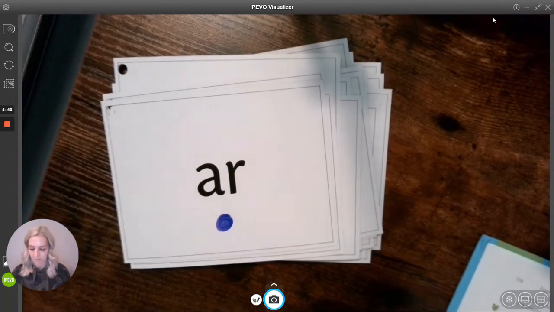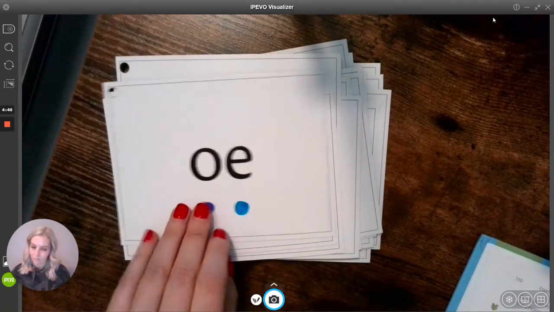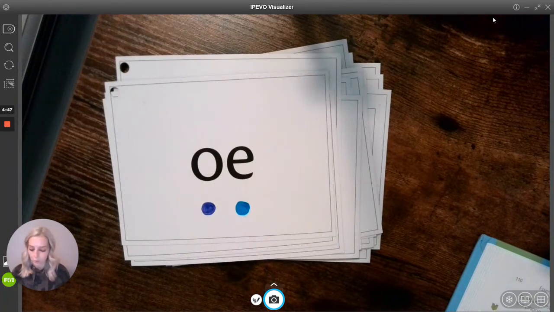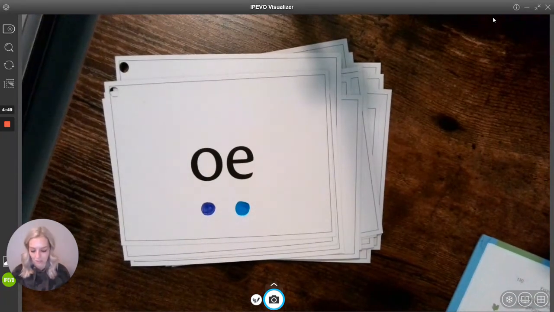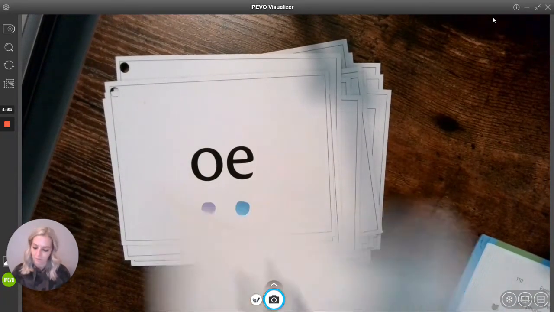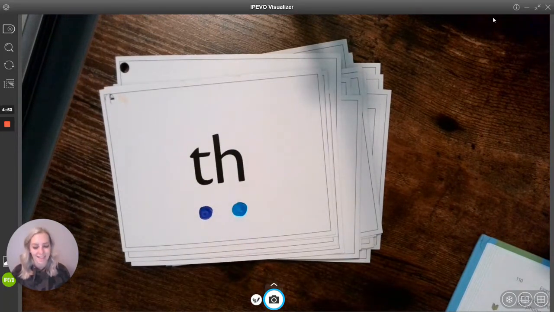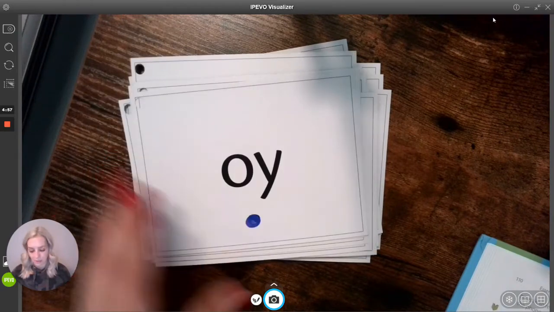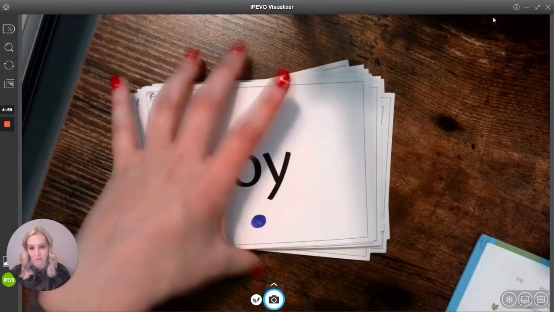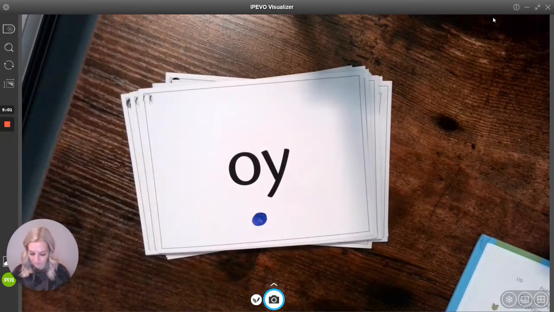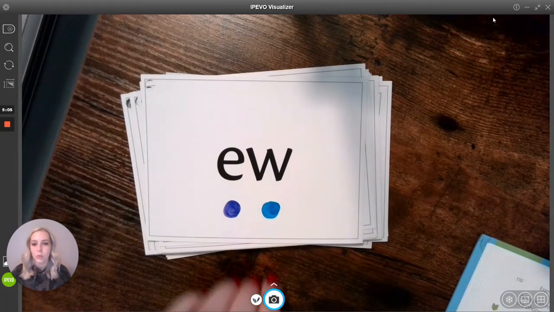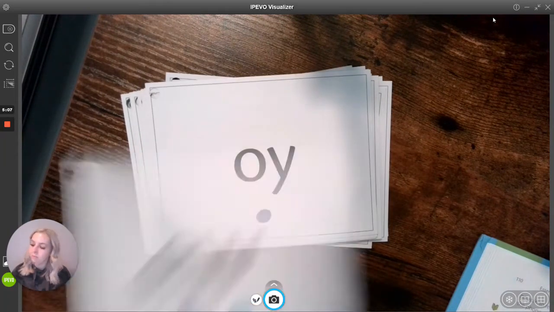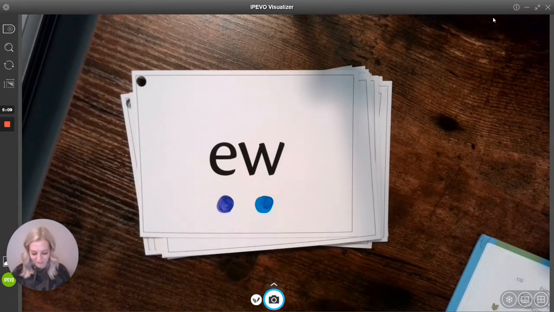R. O, oo, that may be used at the end of English words. M, oi, two-letter oi that may be used at the end of English words. U, you may be used at the end of English words. All those ones with the W pretty much have that hint.